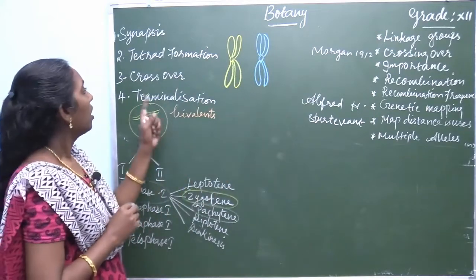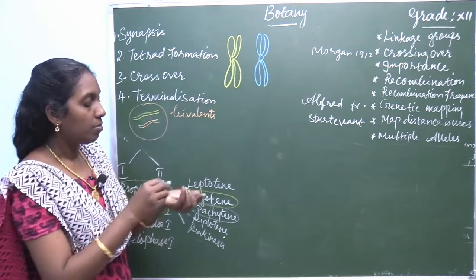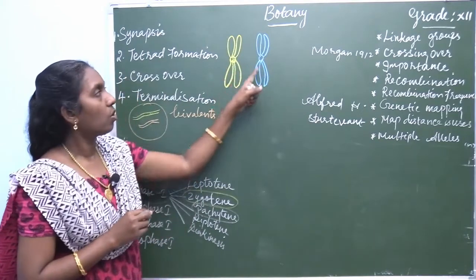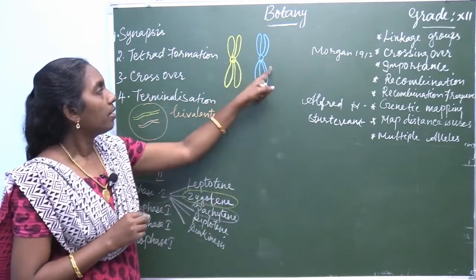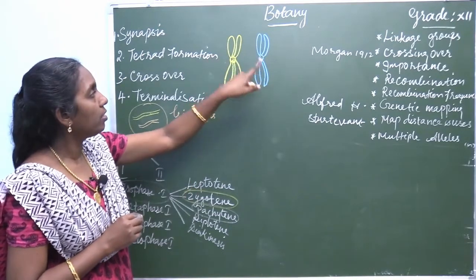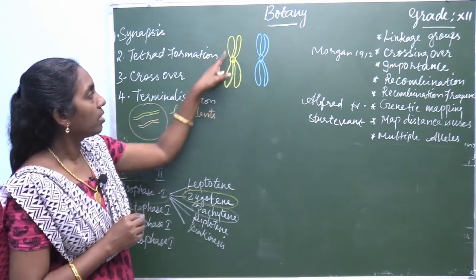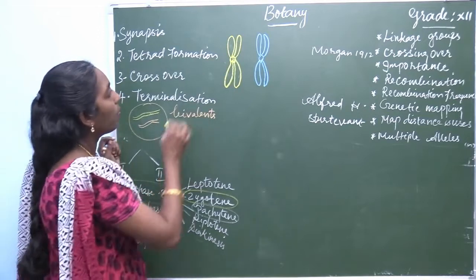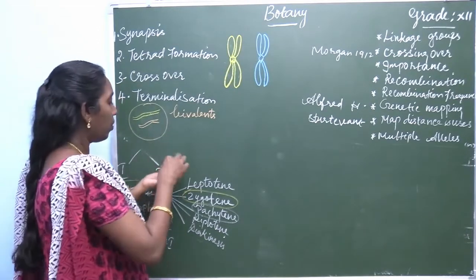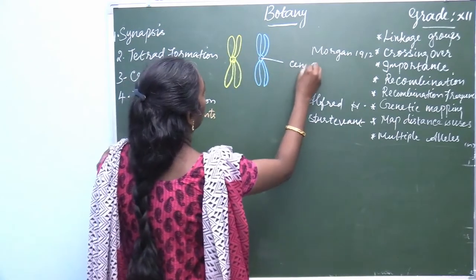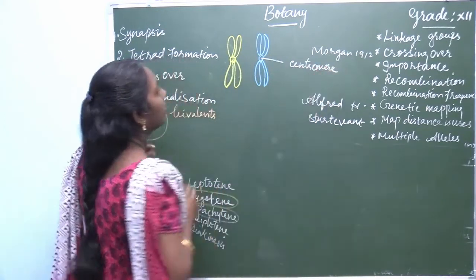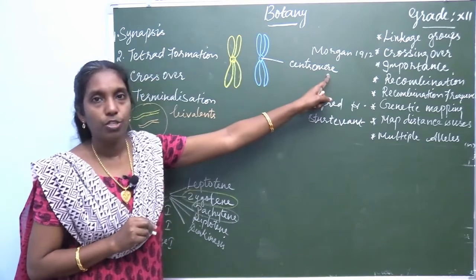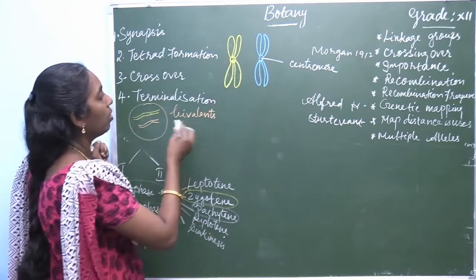So this bivalent now becomes a tetrad. Each homologous chromosome contains 2 chromatids, giving 4 chromatids in all, which are identical in structure. The chromatids are joined at a particular point called the centromere. Now this chromosome is known as a tetrad.